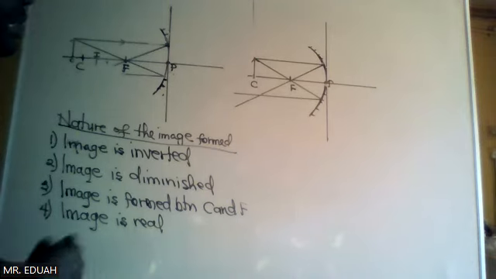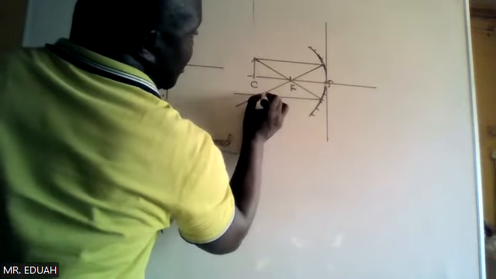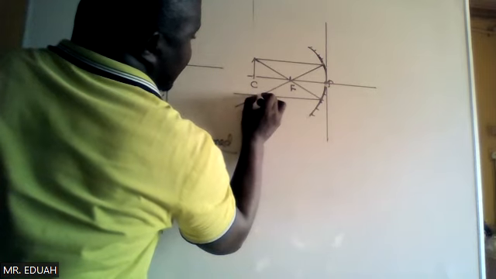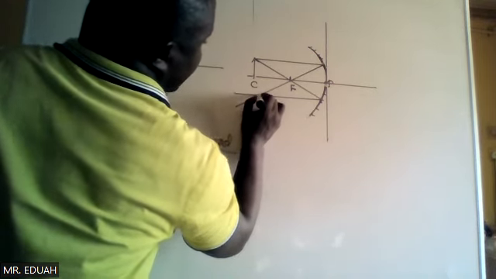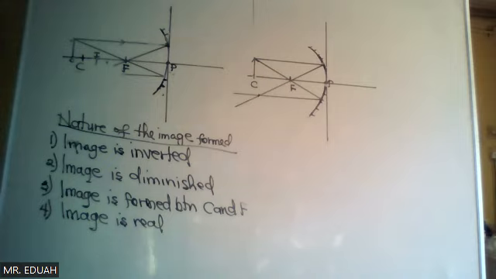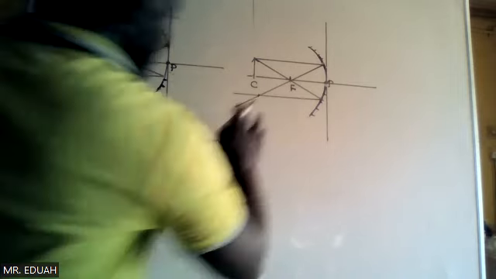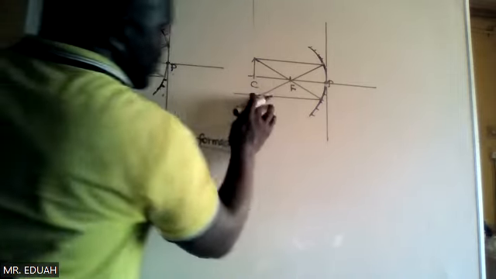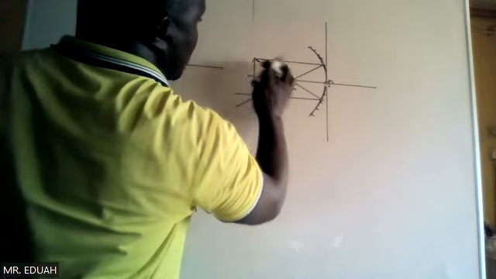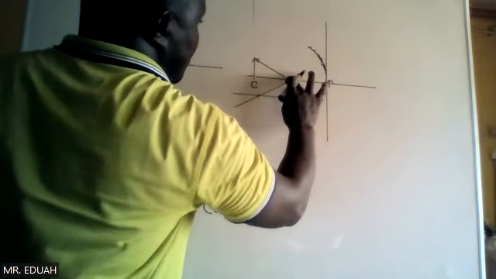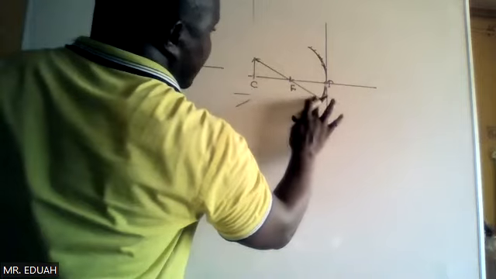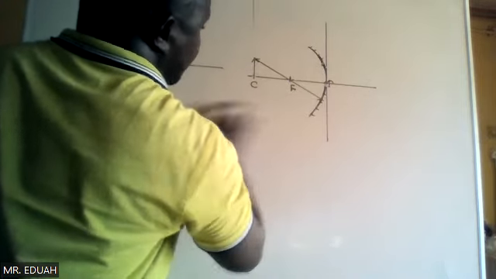You see, something is wrong because where the ray is being formed, the two rays are intersecting. That is not how I want it. So I'm going to trace again. Maybe I didn't get my parallel line so well.